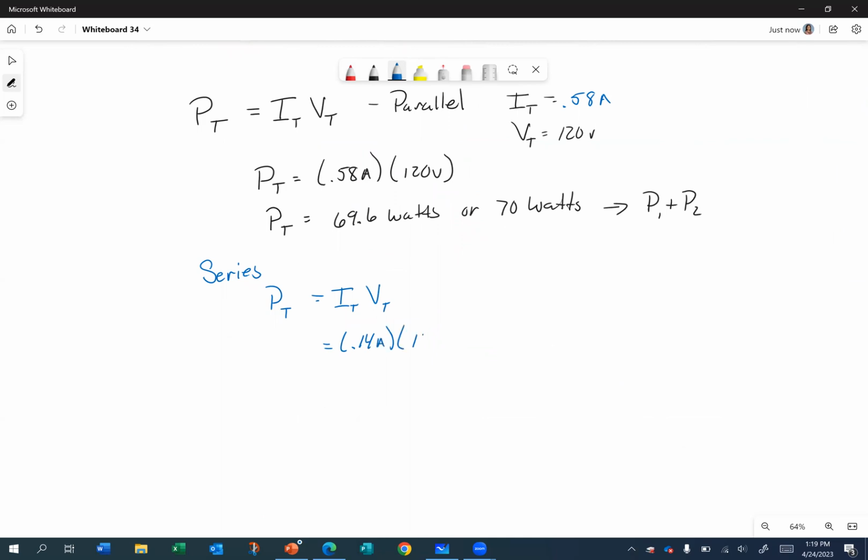My total voltage is still 120 volts. So the total power dissipated in a series circuit is 16.8 watts. So you can clearly see, wow, what a difference, right? More than 3 times the amount of power given off in the parallel circuit compared to a series circuit.